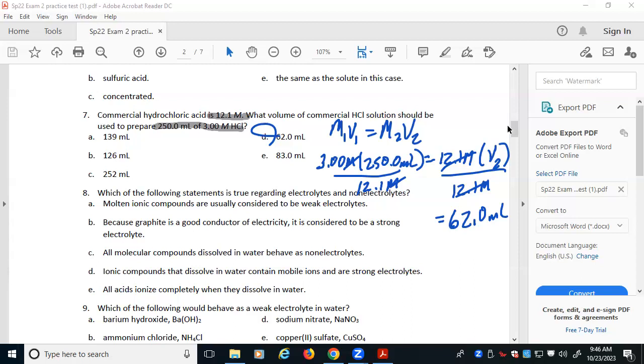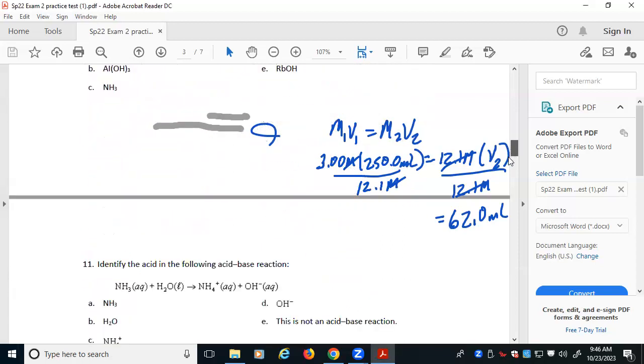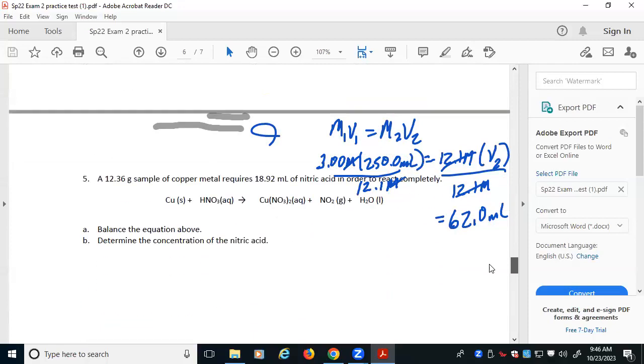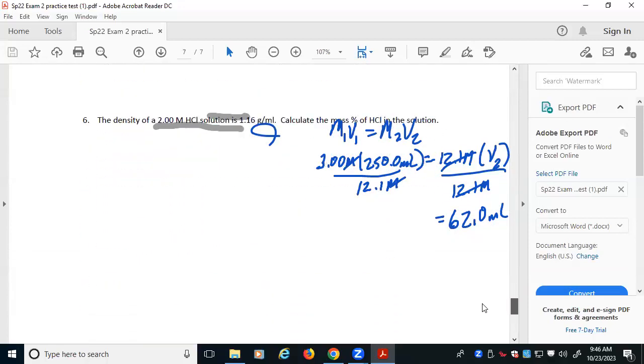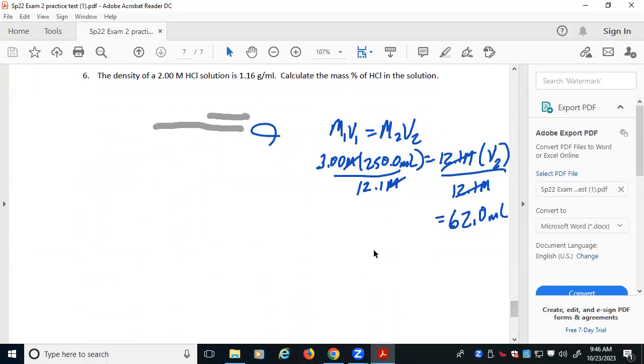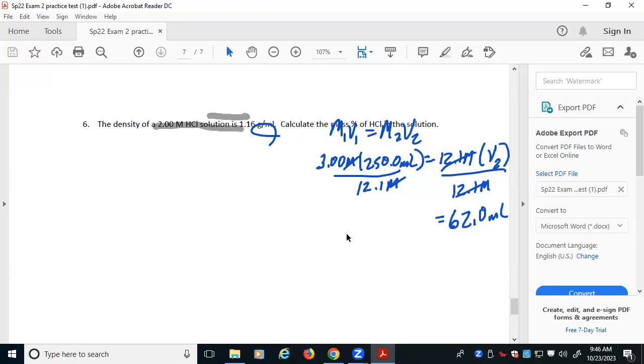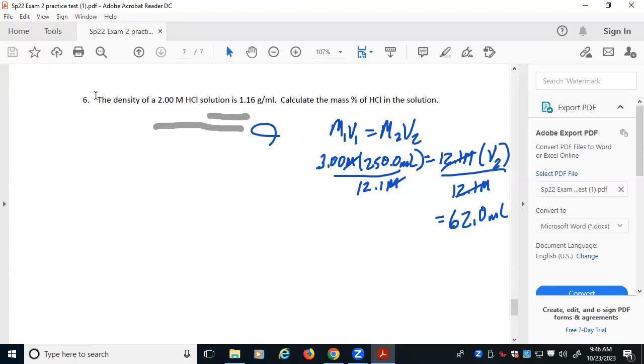Okay. I just want to make sure. Number 6 here. Okay, this problem here, this is not a question that you have to worry about. I'm not going to ask you to interconvert mass percent and molarity.